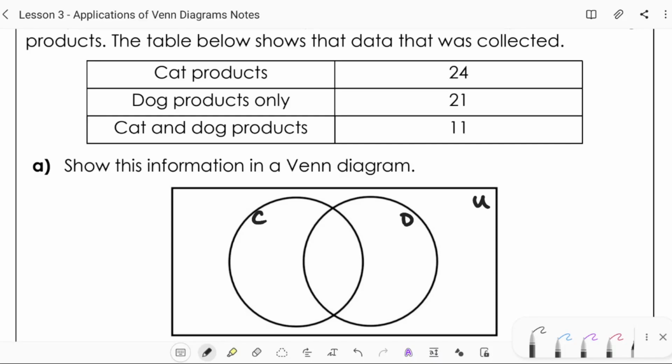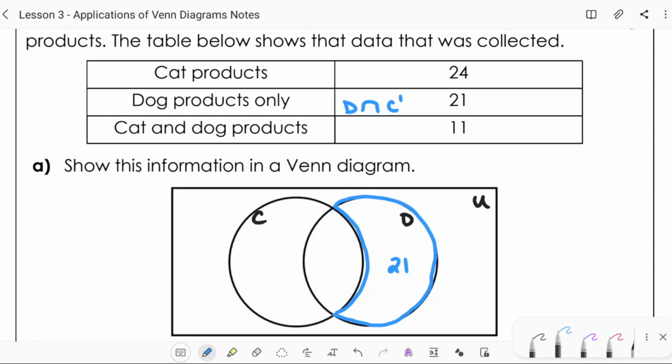Dog products only, that's telling me just about this section here. That's telling me about D intersect C prime, D dog products and not cat products. So I know that. It's just the value of one location. I don't have to worry about any calculations. I could start there if I wanted.